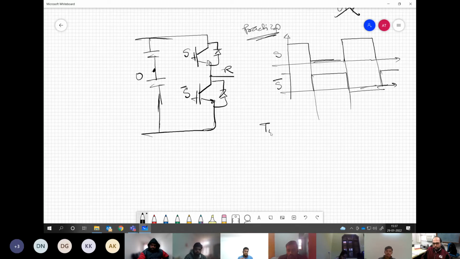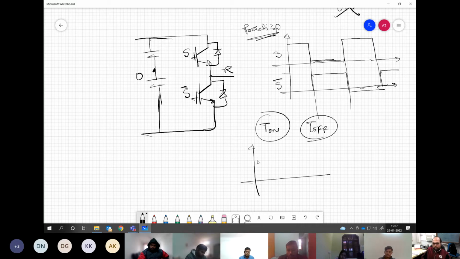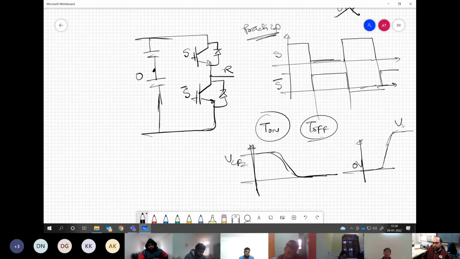Now what happens when we are dealing with practical devices? There is some turn on time and turn off time associated with each device. Whenever you say turn on, the voltage may take some time to drop. If this is VCE, it will take some time to drop. Similarly, at turn off, the voltage may take some time to increase from 0 voltage to the maximum voltage, VCE.